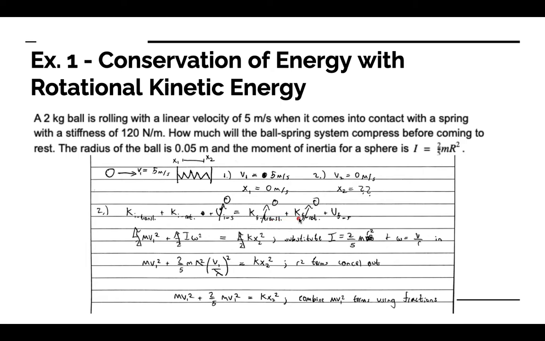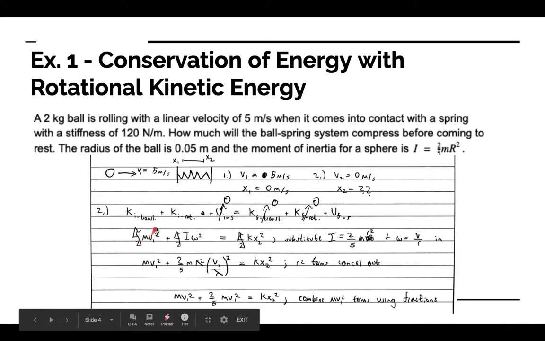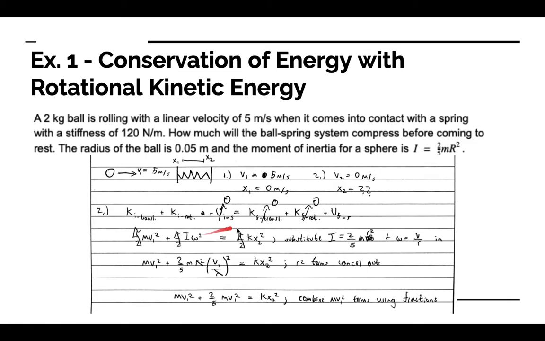Now we start substituting terms in. We're going to have 1/2 mv1 squared plus 1/2 I omega 1 squared equals 1/2 k times x2 squared. What we can take note of is each term contains 1/2 in this equation, so we can cancel out the 1/2s from both sides. Then we can replace I with 2/5 mr squared, our moment of inertia.